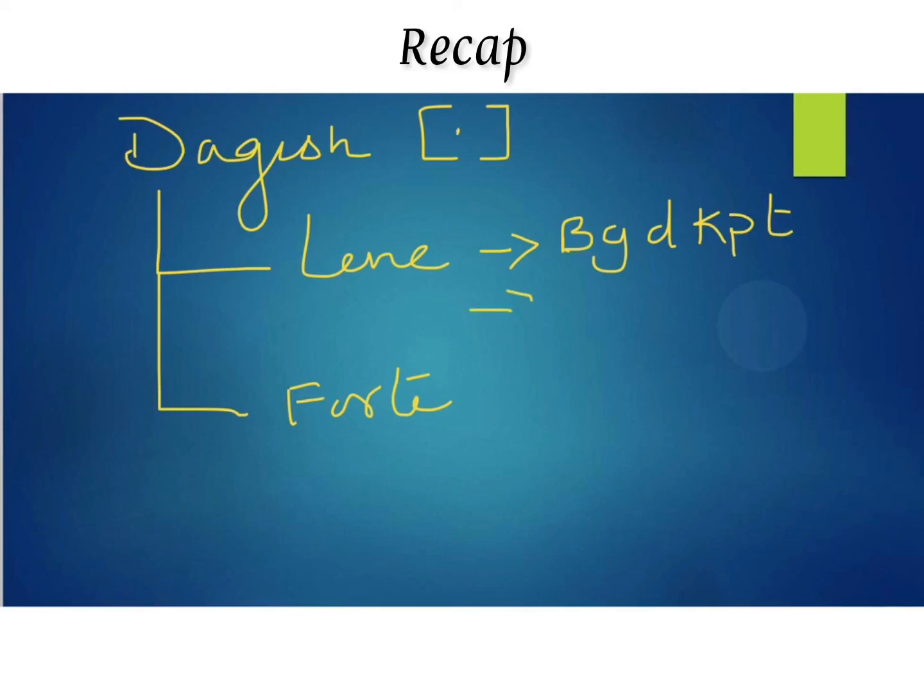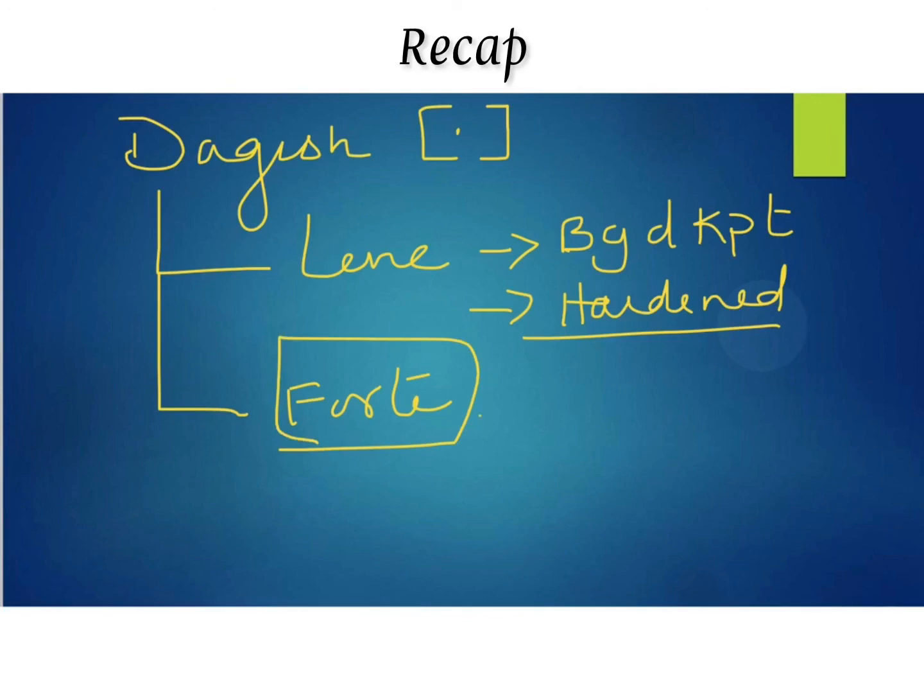It has a hardened pronunciation. Alright? And it will come only in the Begad Kefat letters and in no other letter. What is the purpose of Dagesh Forte? Dagesh Forte doubles the letter. Okay, it is to indicate that a particular letter, a consonant, is doubled. Remember, this can come in any letters, including Begad Kefat letters, except gutturals.